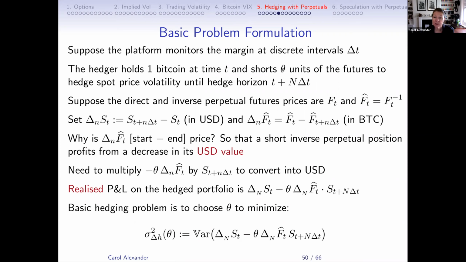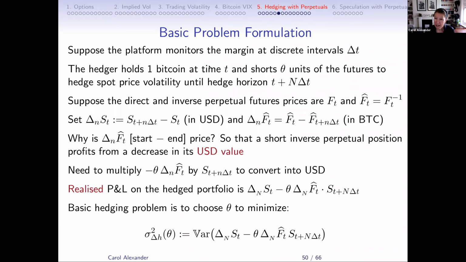Shorts theta units of the futures to hedge spot price volatility until this is our hedge horizon, capital N delta t. So we hold 1 Bitcoin, so we lose if the USD price of Bitcoin falls.